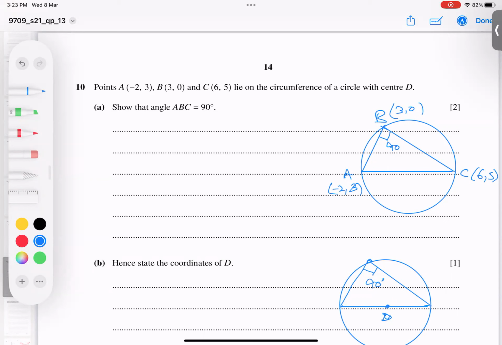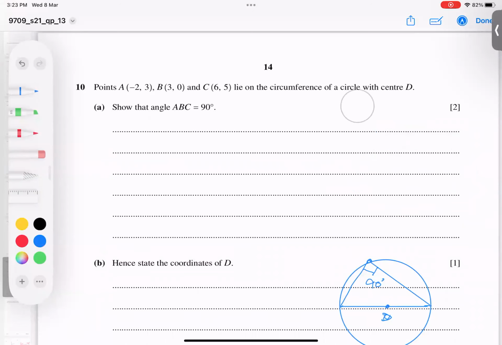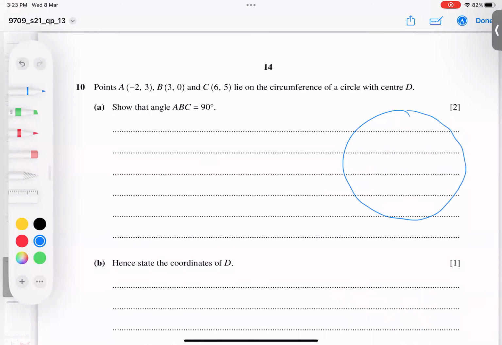B at 3, 0 can come down even. If I make it somewhat accurate, it will be like this: the diameter, and this is A. Although this is not very important, B is somewhere here, and B is 3, 0.